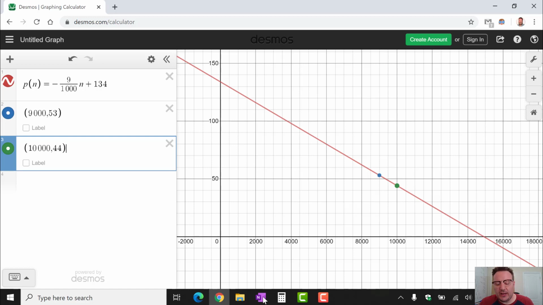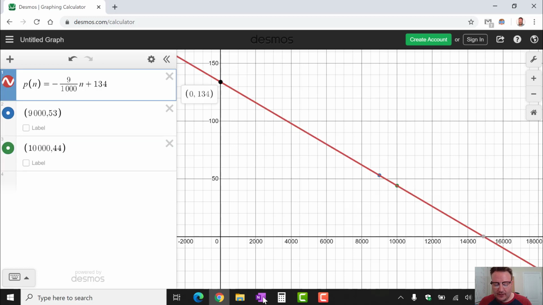Why? Because when the price is very high, so notice that at a price of $134 per shirt, the market is going to demand 0 shirts. No one's going to buy these shirts at $134 per shirt. But as the price starts to come down, like here's a point on the curve right here.